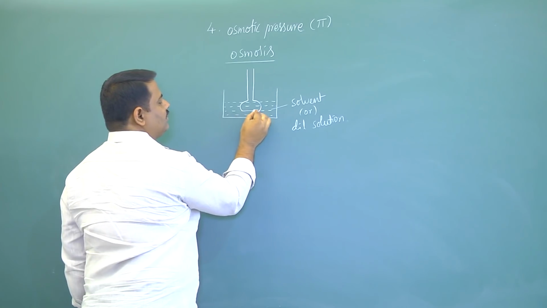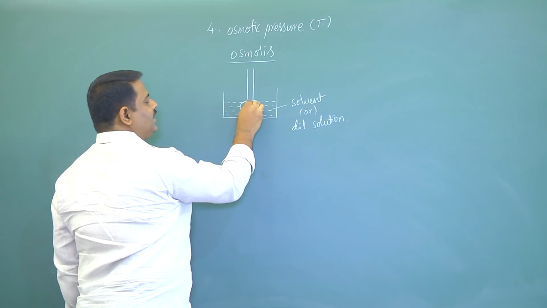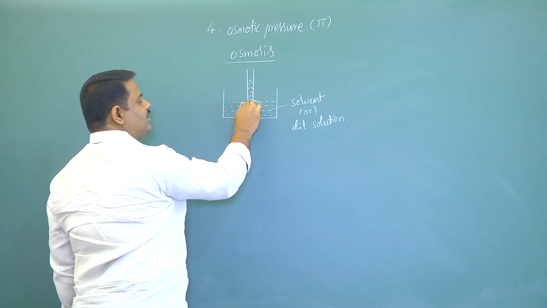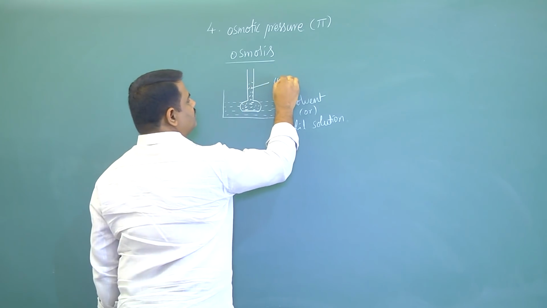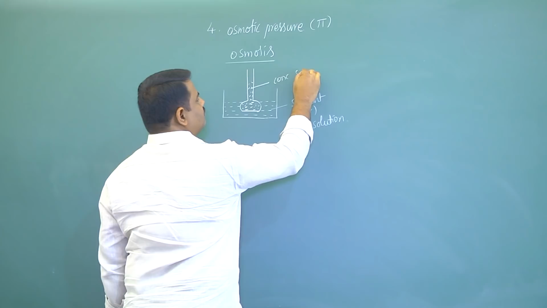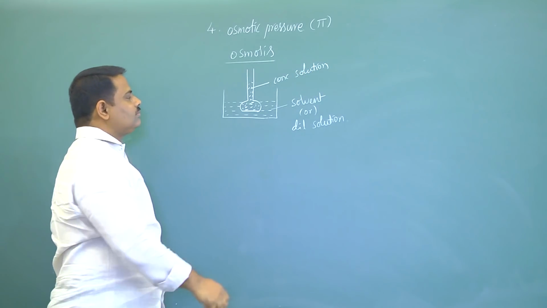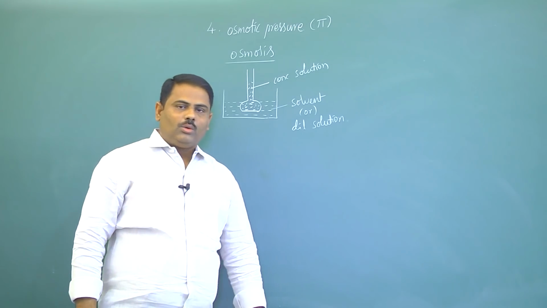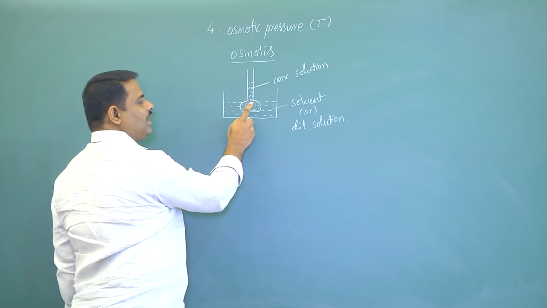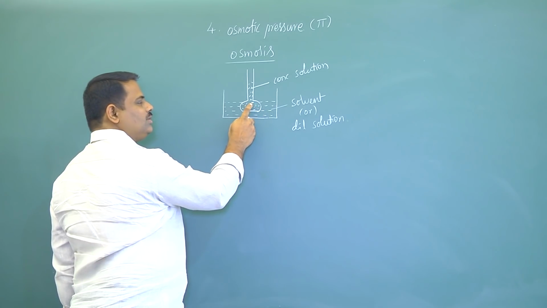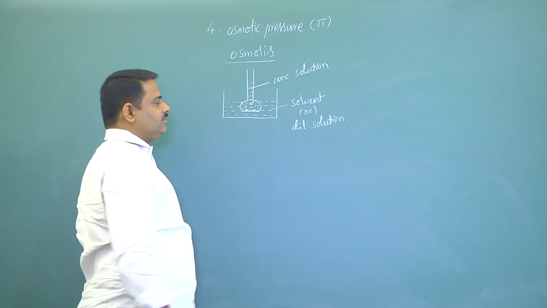and here this glass vessel contains concentrated solution that I will write here. Concentrated solution. Now here this is dilute solution and the solution present in the glass vessel is concentrated solution.